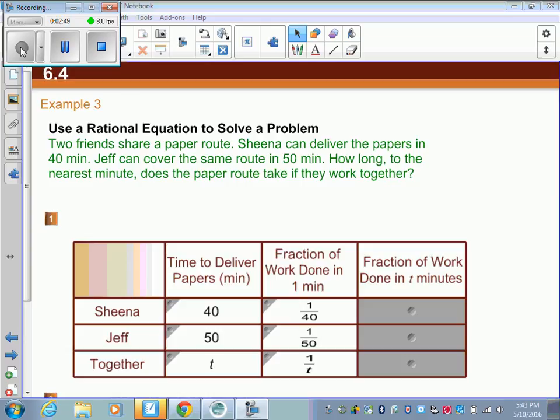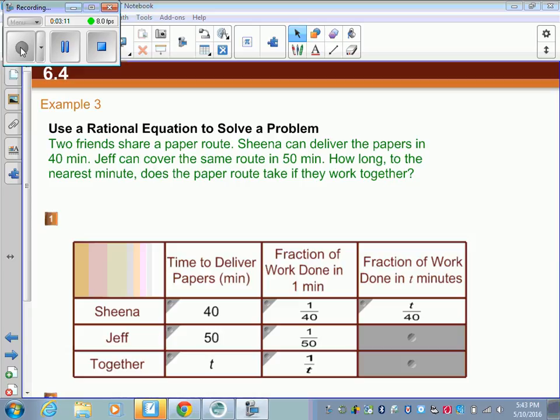All we know is that Sheena and Jeff together need to add up to the time together. We call it t. If I took this fraction and multiplied it by the t, that would be what proportion of the work Sheena's doing. So I took the 1/40th and multiplied it by the t, representing t minutes.